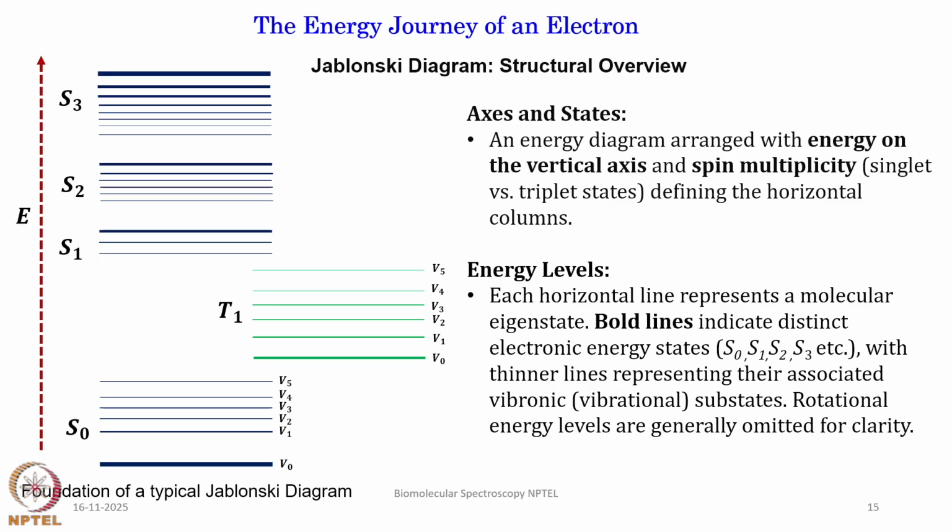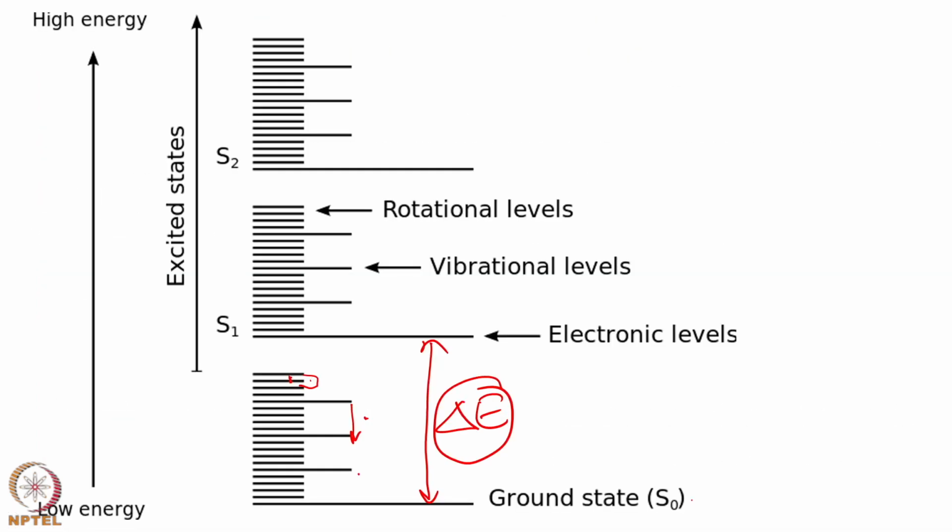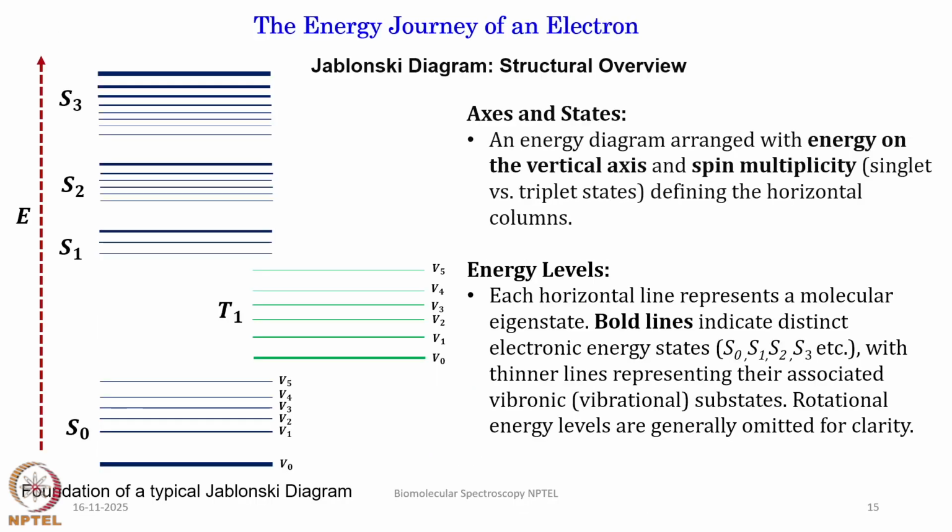The thinner lines are vibrational levels V0, V1, V2, V3, V4, and rotational lines lie somewhere in between, but in this case, just for simplicity, I have removed them. In the previous slide we had seen that in between vibrational states there are rotational states. So, I was discussing spin multiplicity. We know from high school that electron spin can be up or down.